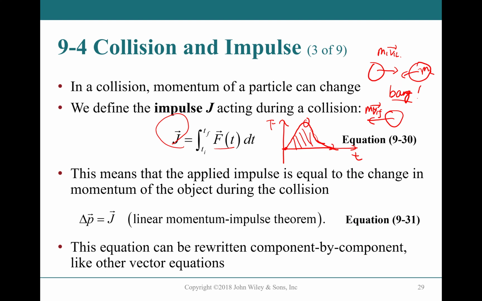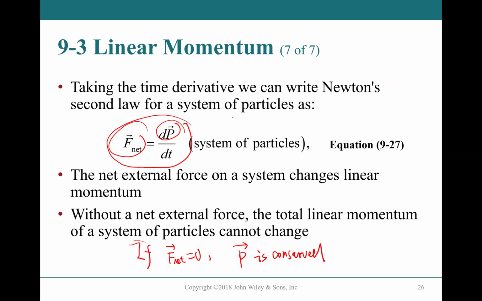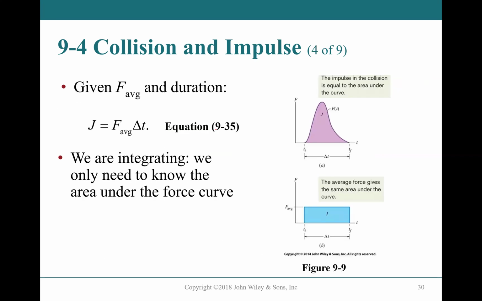And this impulse is the integral of F dt. What is F dt? F dt will be equal to dp. So when you do an integration, you get the change in p. So the impulse, F dt, will be equal to the change of momentum. J equals the integral of F dt, which equals delta p.